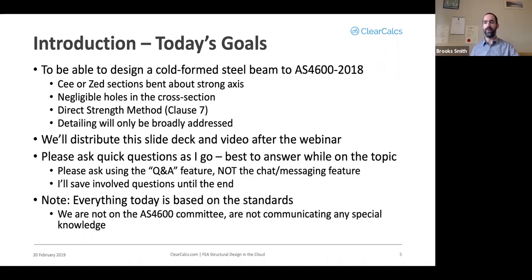So it should be fairly easy to follow along in the standard if you do have holes you need to deal with. We're going to be using the direct strength method. That's clause 7 in AS4600. That's as opposed to the effective width method covered in clause 2 or Appendix D. And I'm only going to be covering detailing on a very broad level.